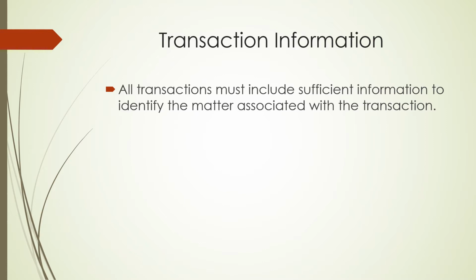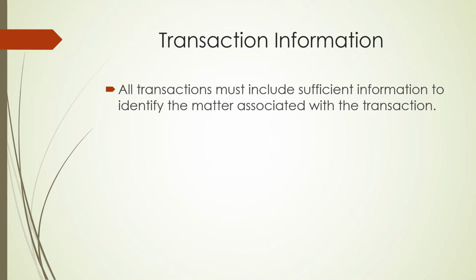The general rule is that the attorney should include enough information with every transaction to allow the attorney or a third party to determine why this transaction occurred. The better the audit trail, the easier it will be to solve trust account related problems should they occur in the future.